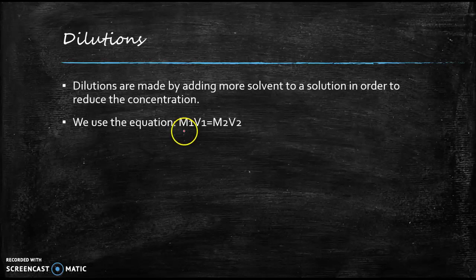The M in this equation stands for molarity, and the V stands for volume. This is the same on both sides of our equation. The left side of the equation is our starting point. This is our starting solution.